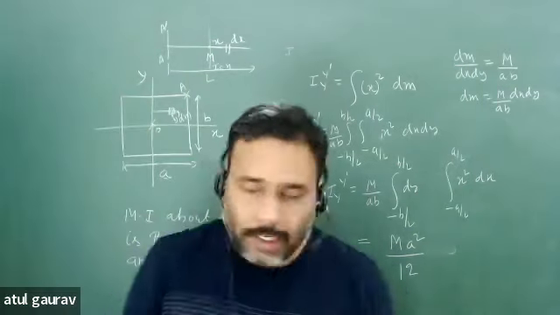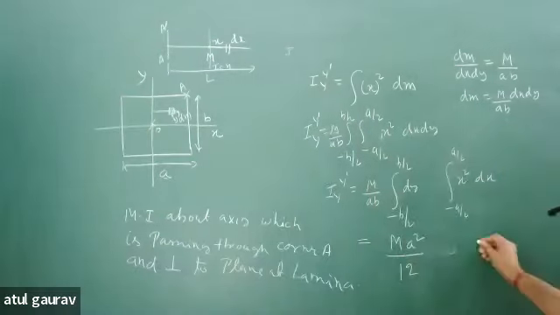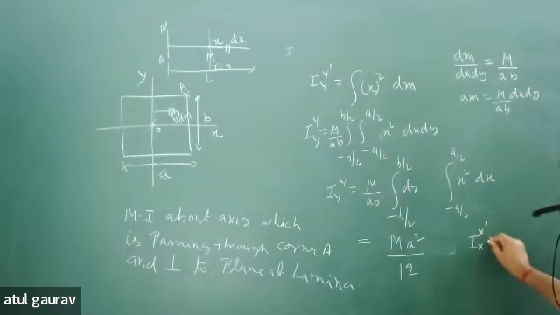Now similarly, what will be I xx dash? Tell me. m b square by 12.